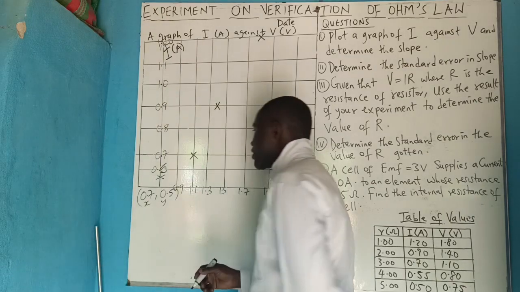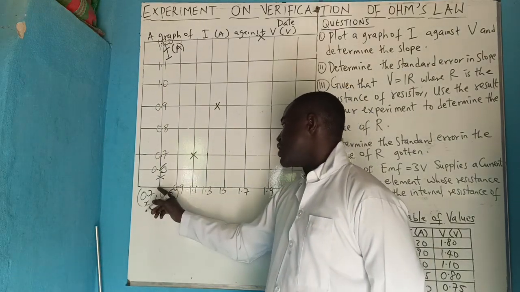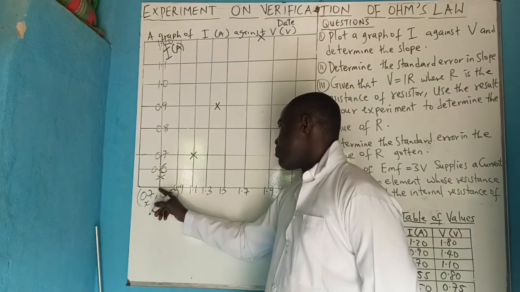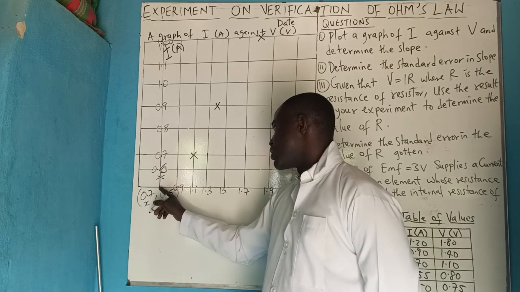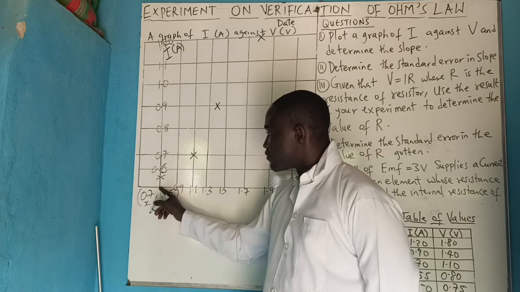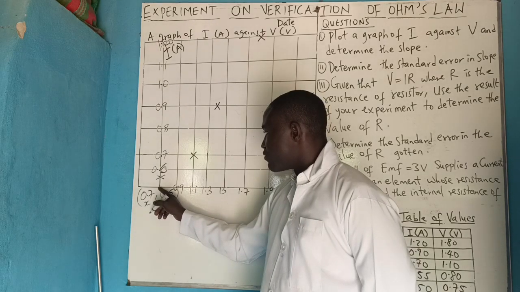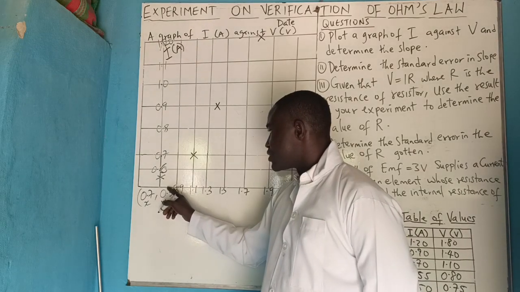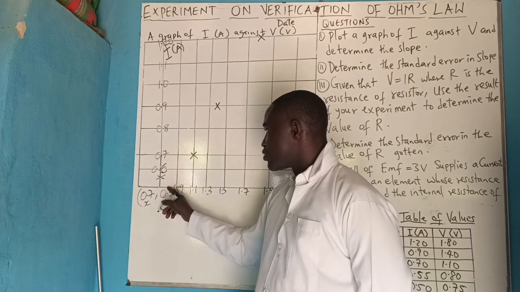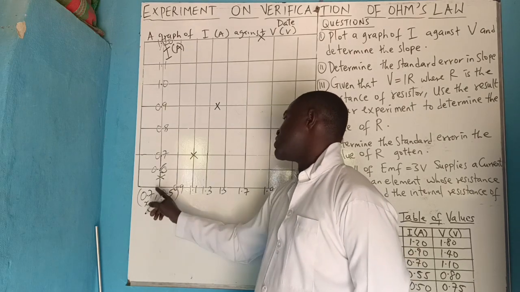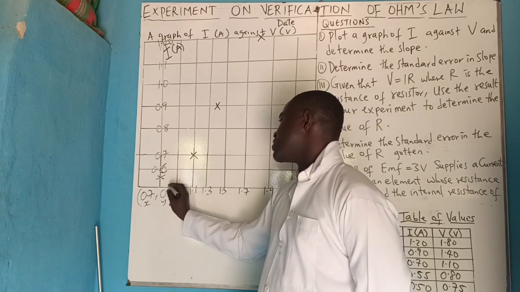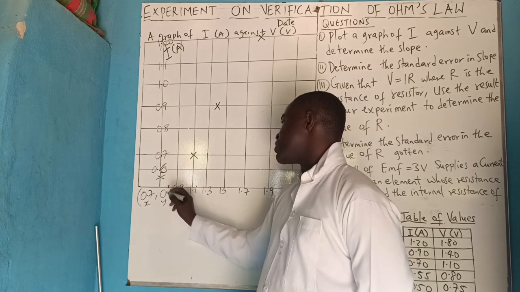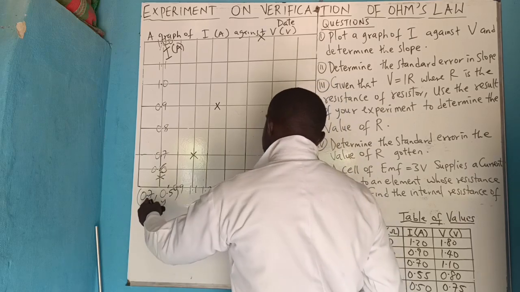Then 0.5 against 0.75. Here is 0.5 and here is 0.7. 0.7, 0.8. So here is 0.7. I'm looking for 0.55. Here 0.8. Here is 0.7.